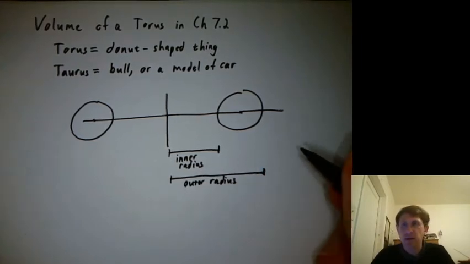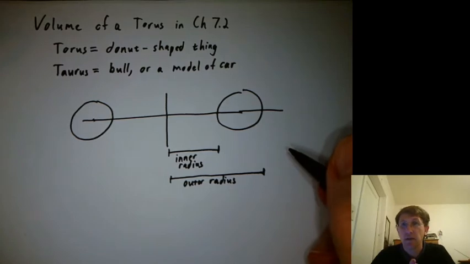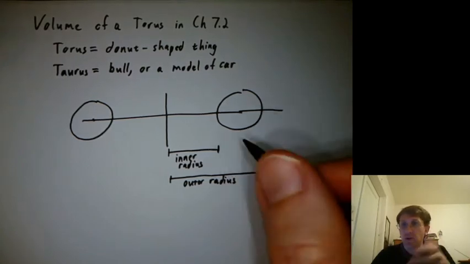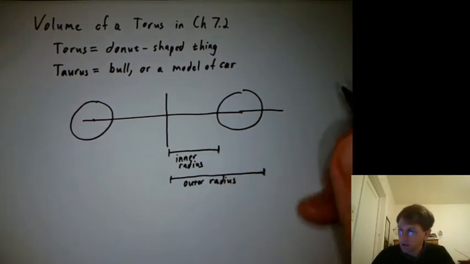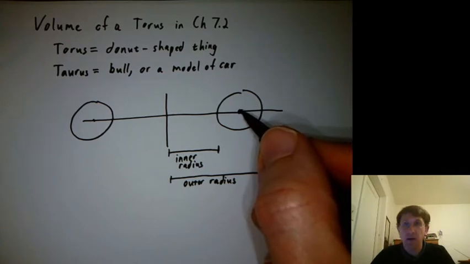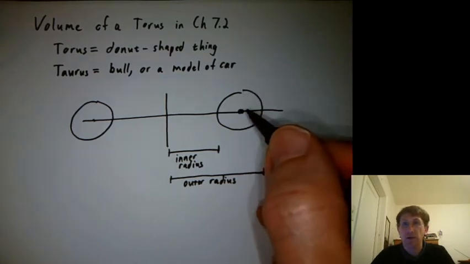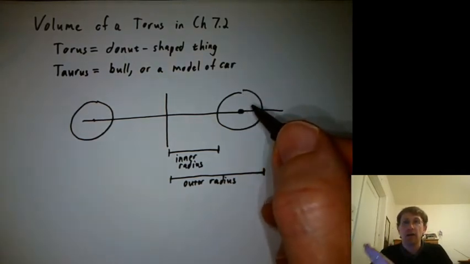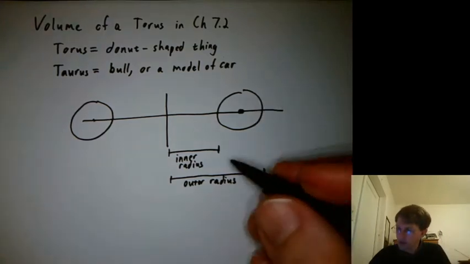But it turns out to be slightly more convenient mathematically to think of it a different way. Can you think of a different way of talking about what's going on with this circular thing? Well, you could say what's happening is I'm taking a circle of this cross-section and rotating it all the way around.